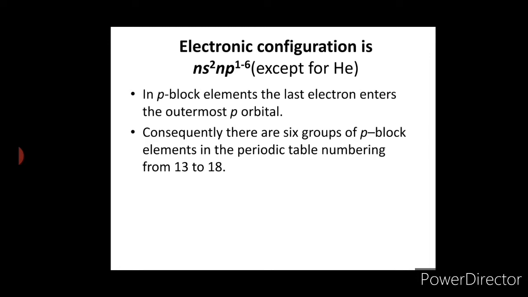If we look at the outer electronic configuration of these p block elements, then it is ns2 np1-6, except helium, which has the configuration 1s2.